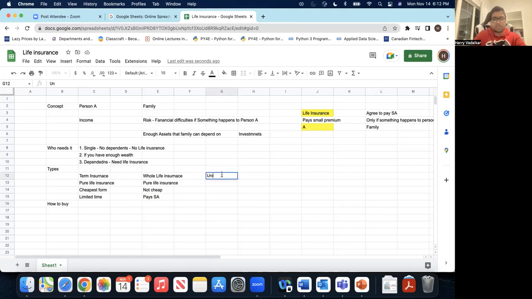There is also universal life. That's a product that has insurance plus investments.